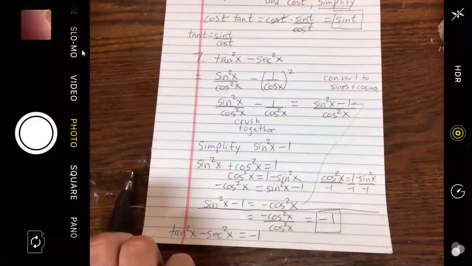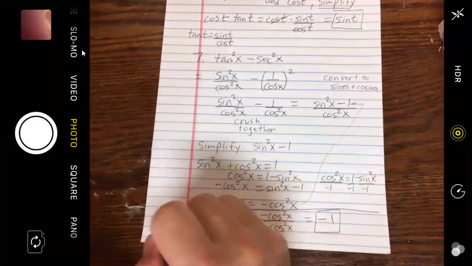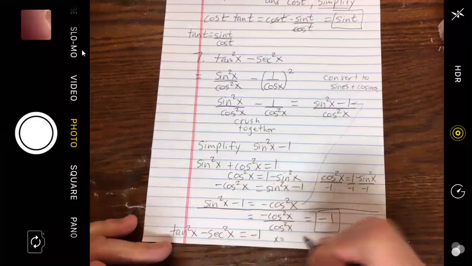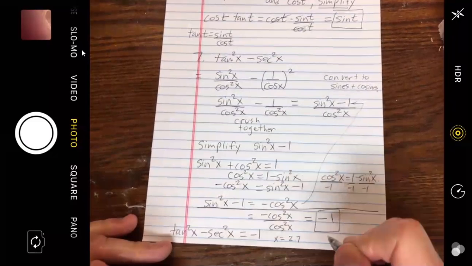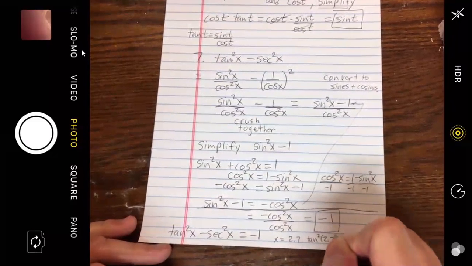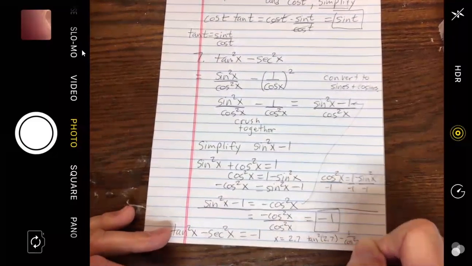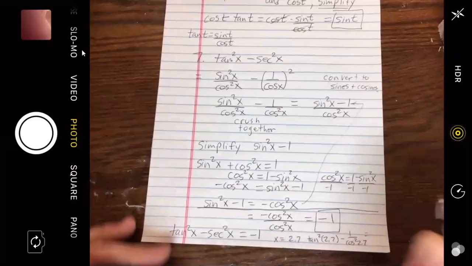Again, you could verify these things. I'll use x equals 2.7. Tan squared of 2.7, subtract, and you'd have to punch in 1 over cosine squared of 2.7. It better come up -1.